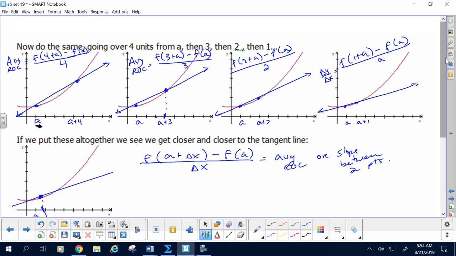Wouldn't you agree as I progress through here, I'm getting closer and closer to the slope at a point? Yes? Look at what's happening to the delta. 4, then 3, then 2, then, oops, this should not be a. What should this have been? Why didn't you say so, people? What is delta x approaching? 0. The change between the 2 points is getting smaller and smaller.